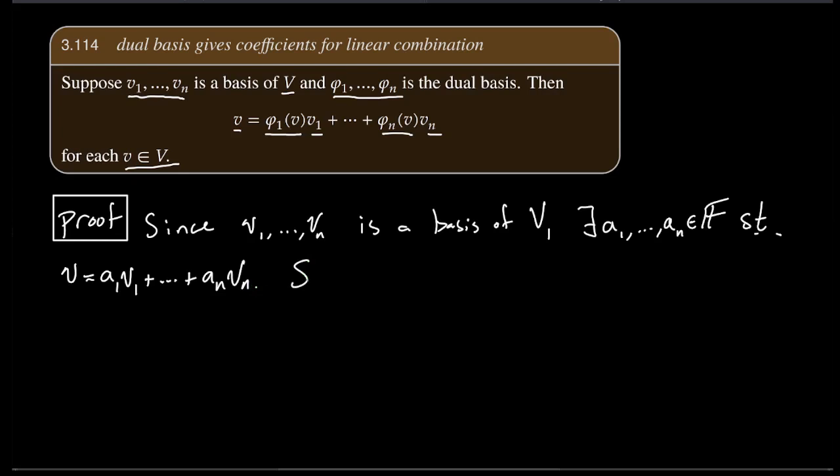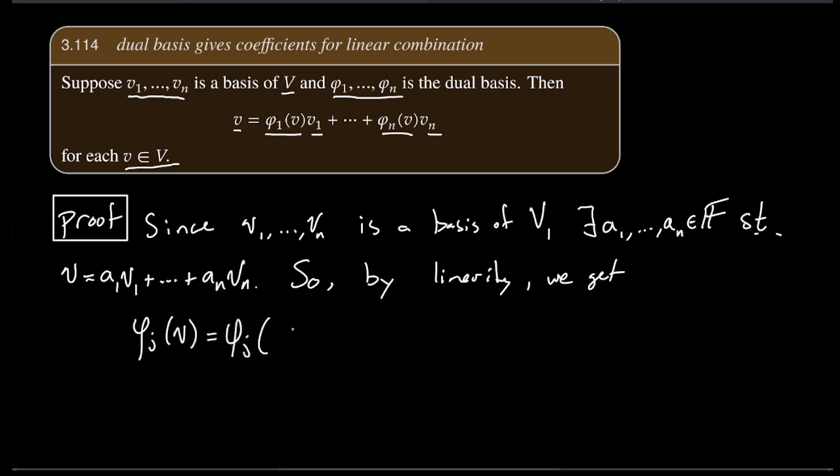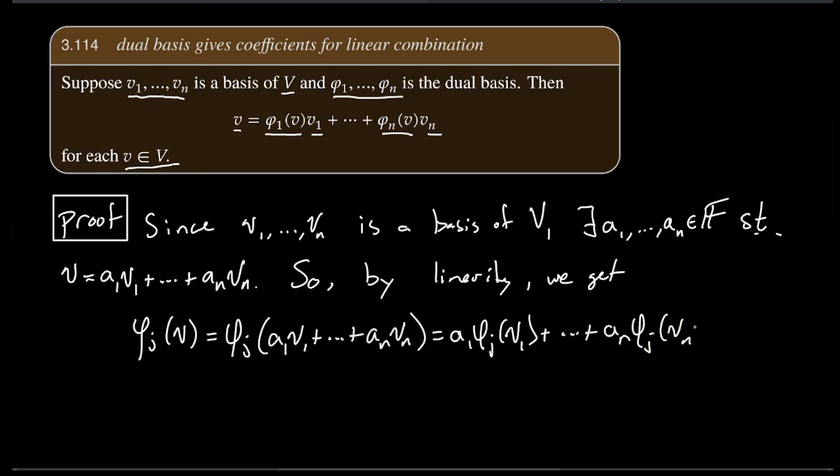By linearity, we get phi j of v is phi j of a1 v1 plus dot dot dot all the way down to an vn, which is just a1 phi j v1 plus dot dot dot all the way down to an phi j vn.